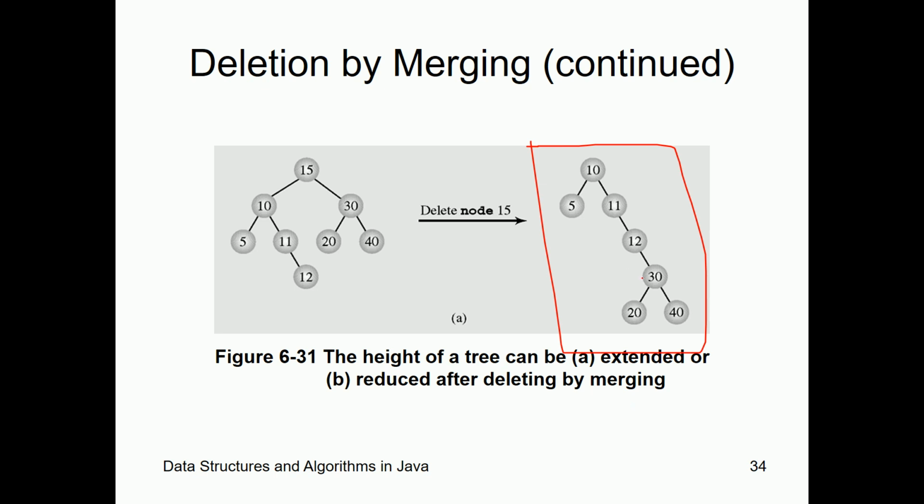Why? Because this is going to be a tree that is very long from one side and very short from the other side. And then if you'd like to find something quickly, it's not going to be helpful.